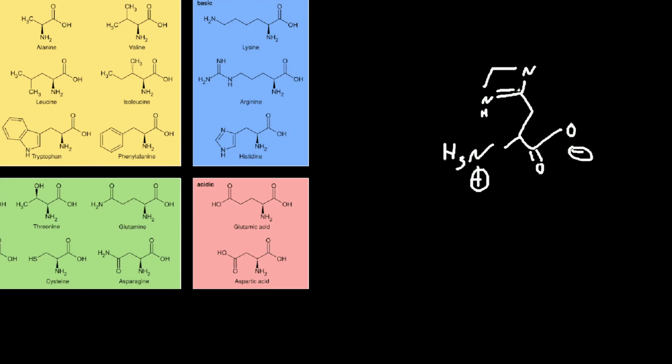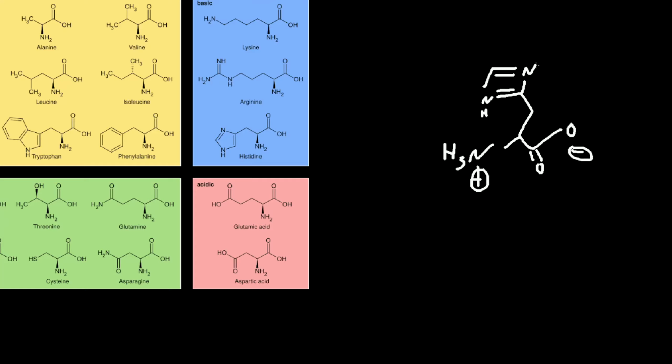That looks about right. I think I'm missing one. I always have a hard time drawing this one. And then, okay, so 1, 2, 3, 4, 5. Yeah, okay, this is right. Anyway, histidine.